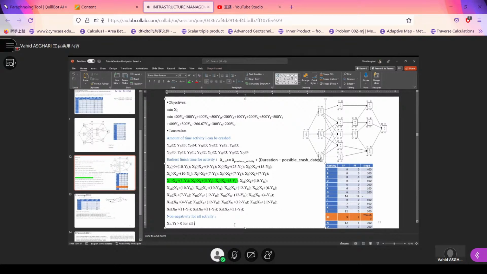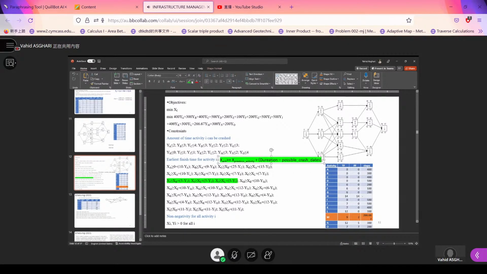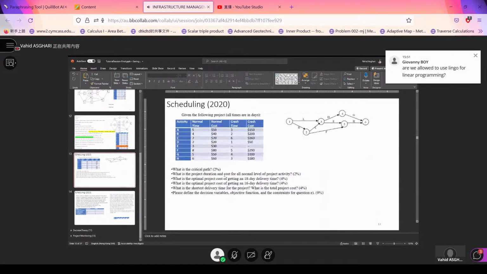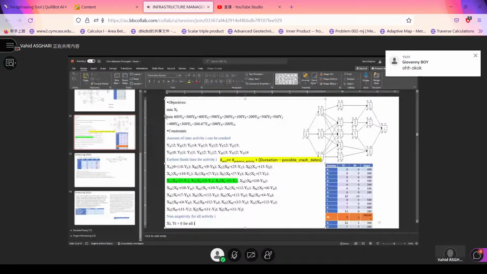Anybody has any question here? No question. Okay. Are we allowed to use Lingo for linear? Oh, no. You don't need to find the answer. You just have to write the equations. That's all important.